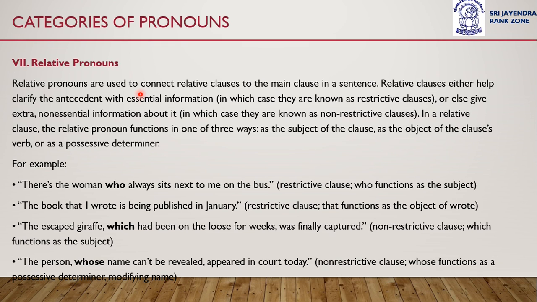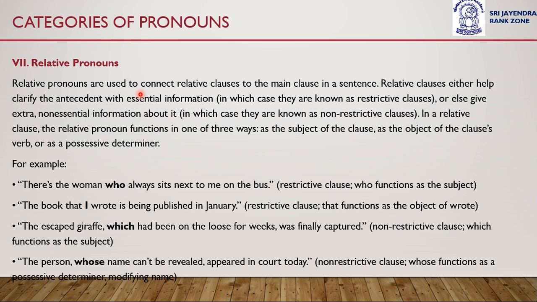Alright, so let us understand relative pronouns with the help of examples. There's the woman who always sits next to me on the bus. So who is the relative pronoun which is connecting the first clause to the second clause. That is, it is pointing out the woman who sits next to the speaker on the bus.